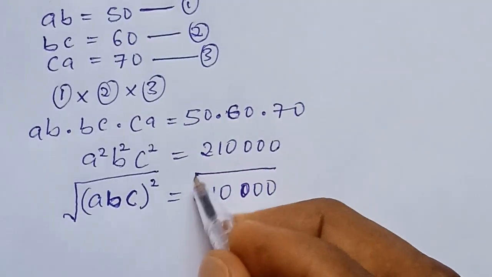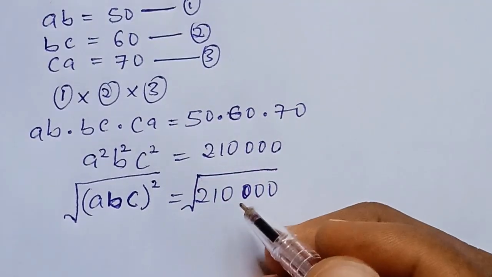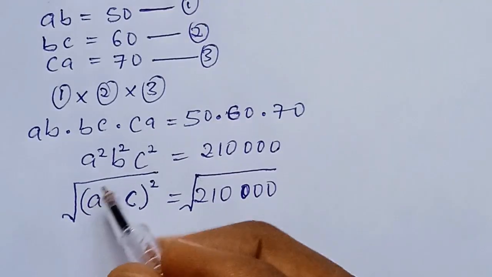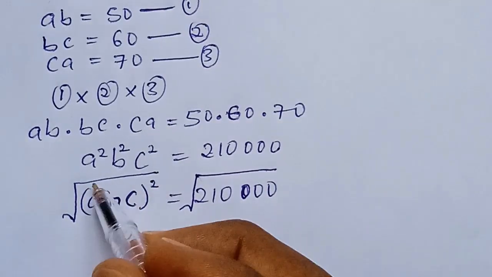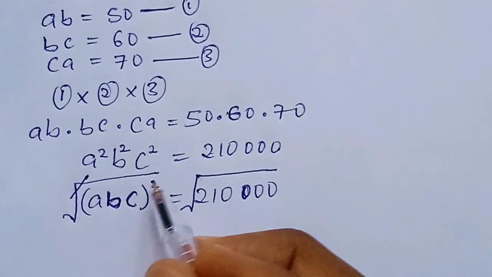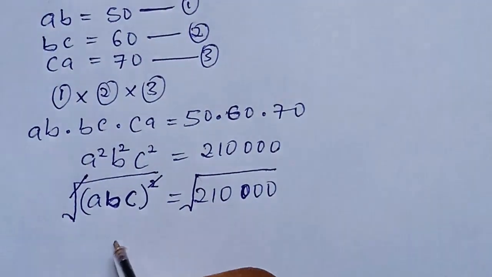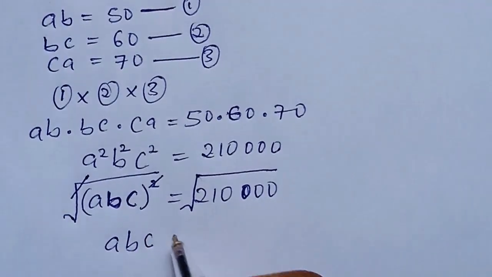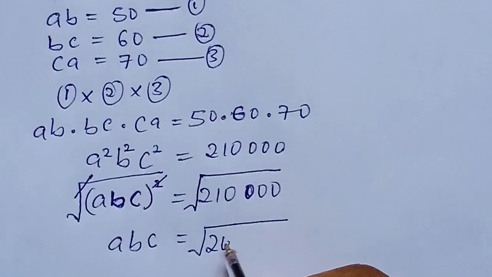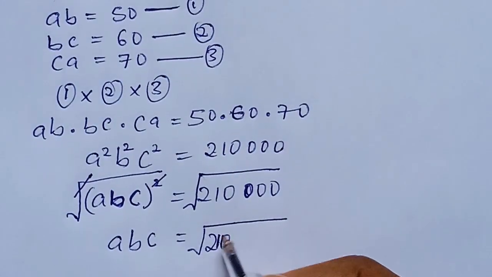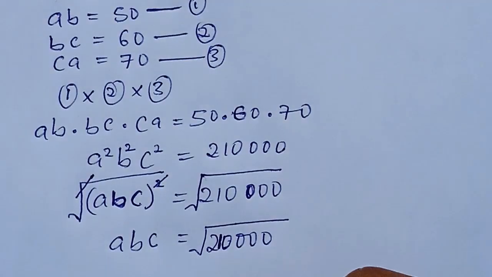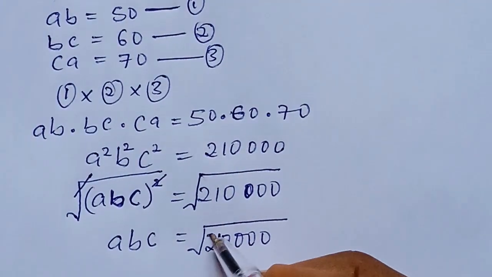The square root of the left hand side will negate the square of the expression in the radical. So this cancels with this. So I'll have ABC equal to square root of 210,000.